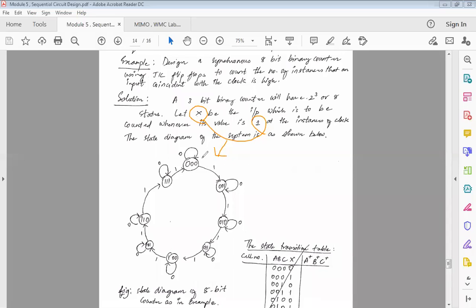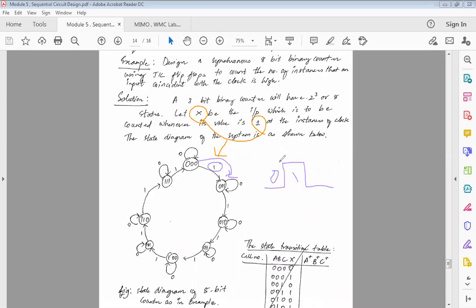So this is moving from one state to another state, which means I'm moving from 0 to 1 only if my value is high. This corresponds to the clock. Only if the clock goes high will you move to the next state.